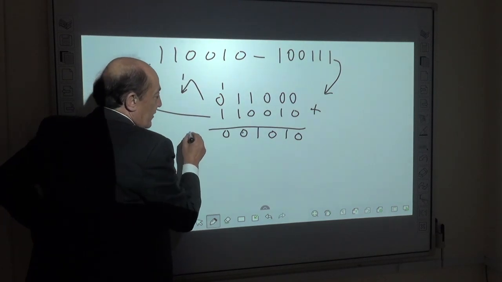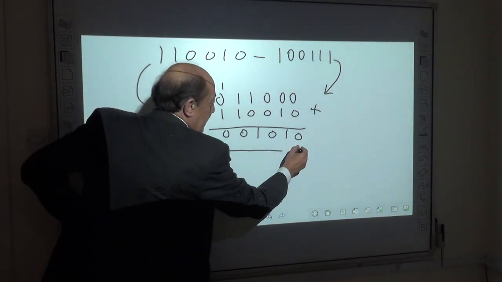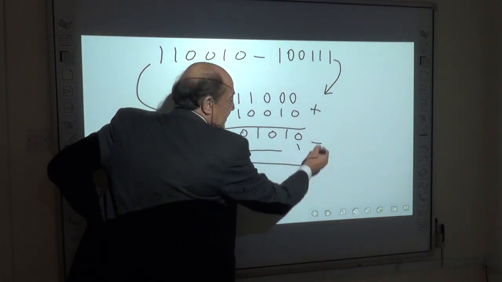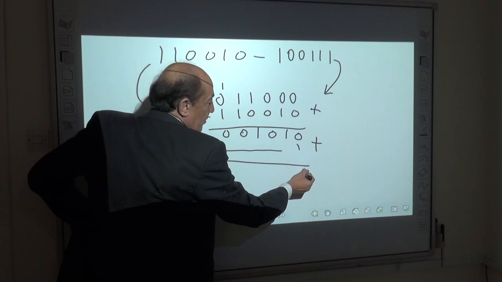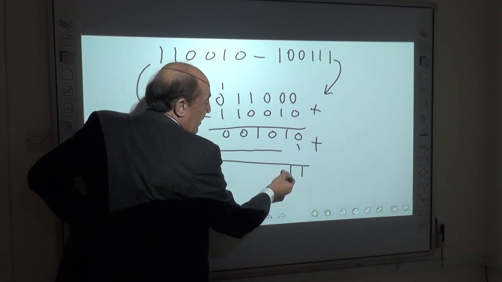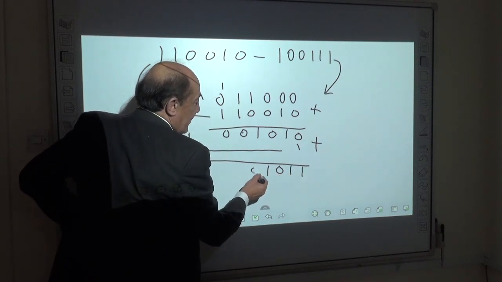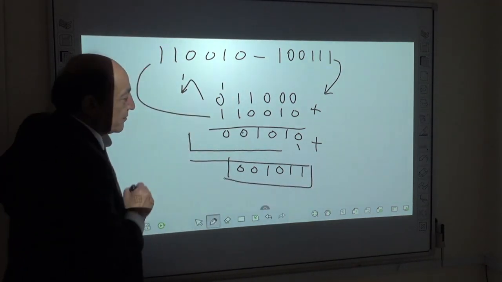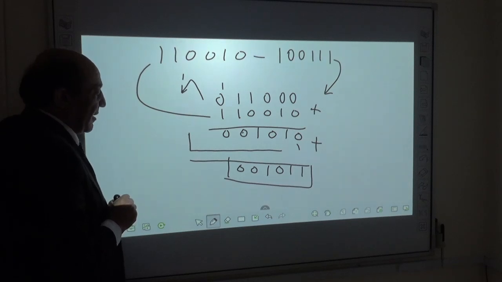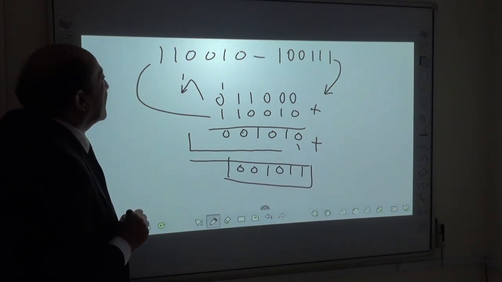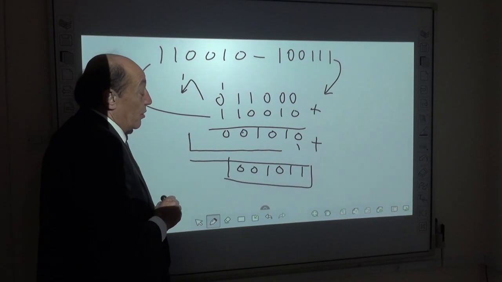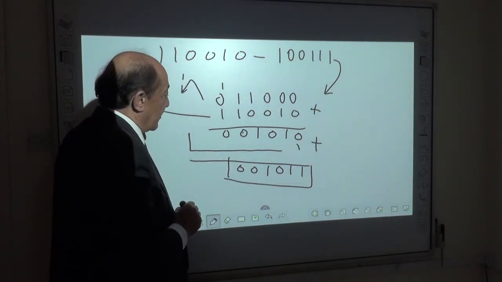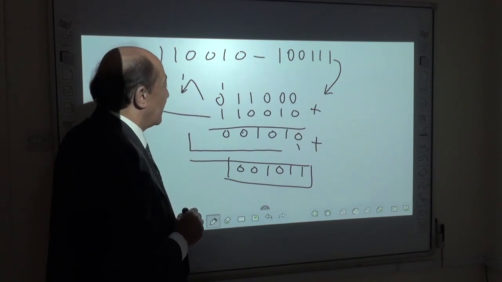We should add it to the least significant digit here, and our final result will be 110100. This is our result. You can check by converting these values to decimal and the result to decimal.